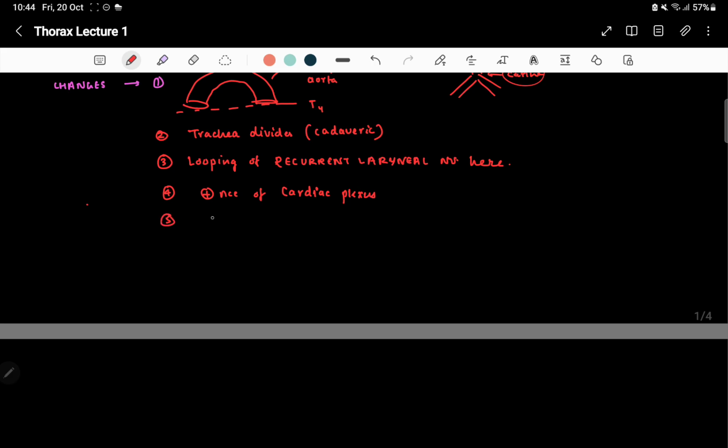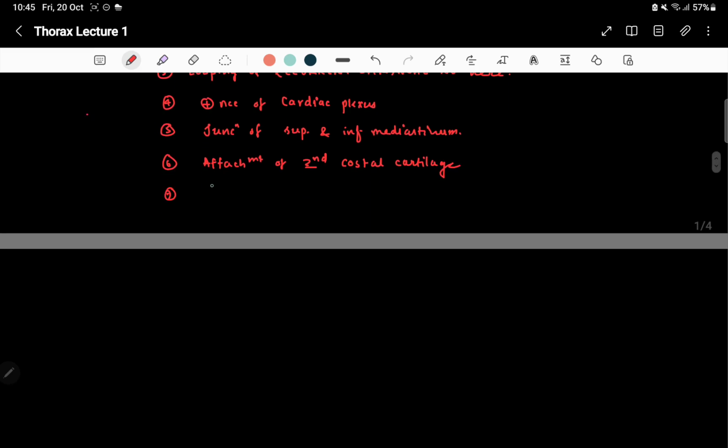This is the junction of superior and inferior mediastinum. Okay. This is the point of attachment of second costal cartilage. Okay. Here the pulmonary trunk divides.